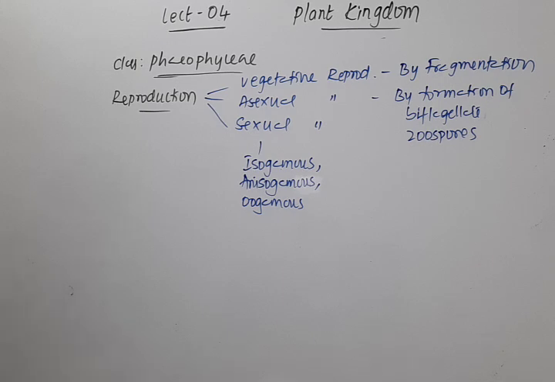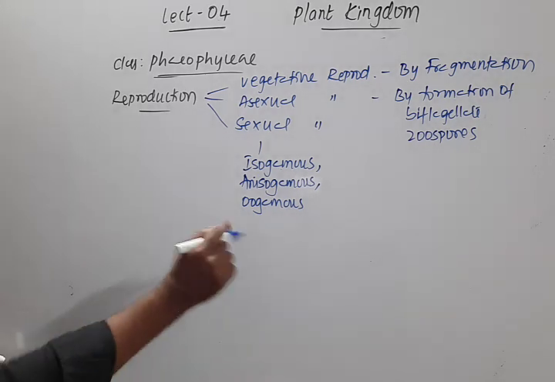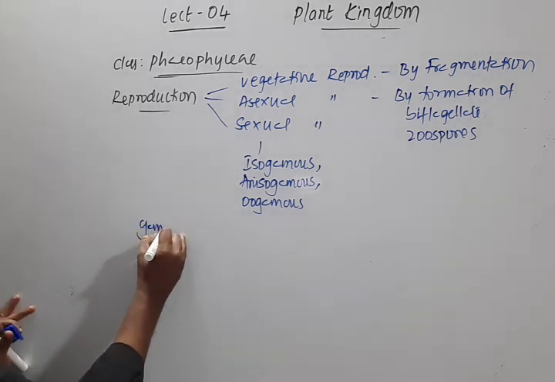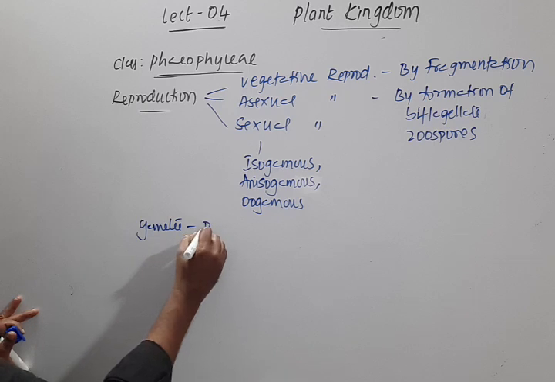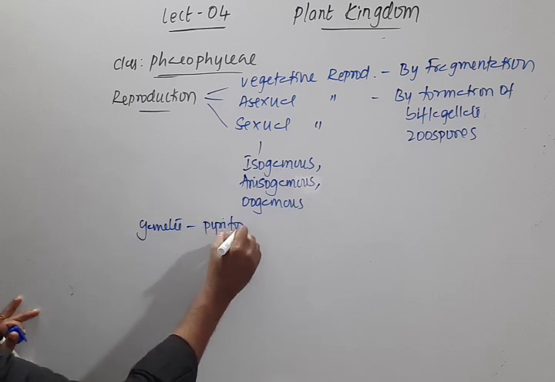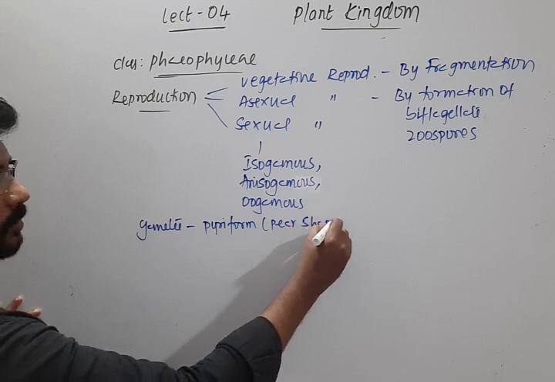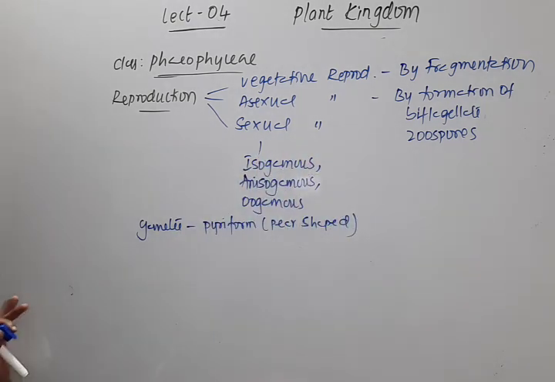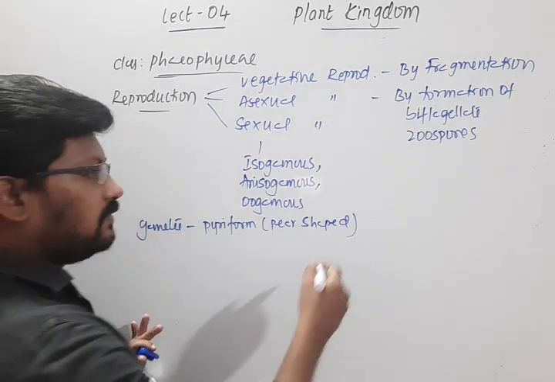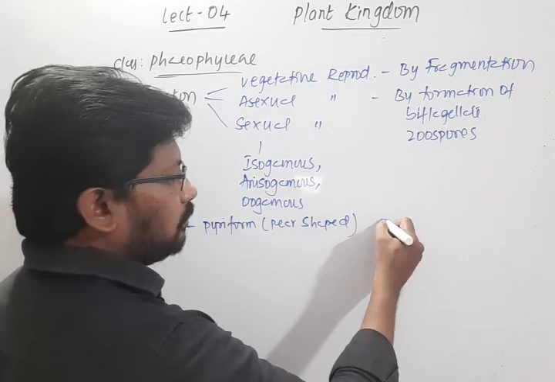So these gametes which are produced will be pyriform, which means pear shaped. Already I have shown you how they almost resemble a Chlamydomonas.